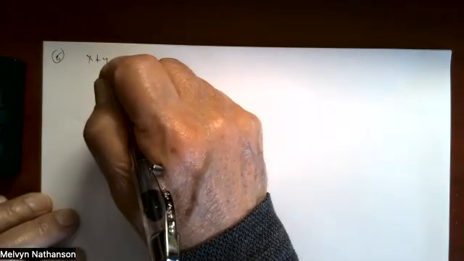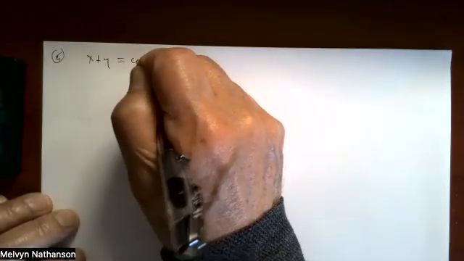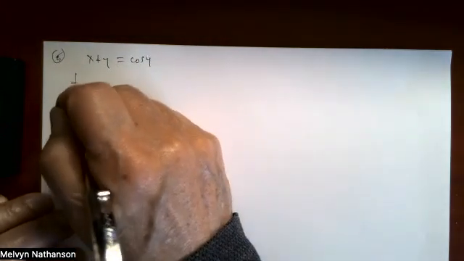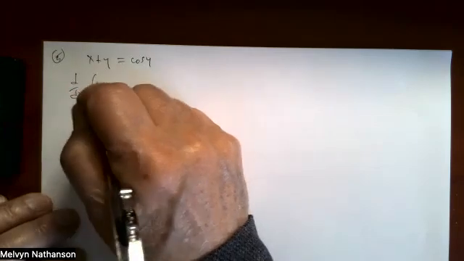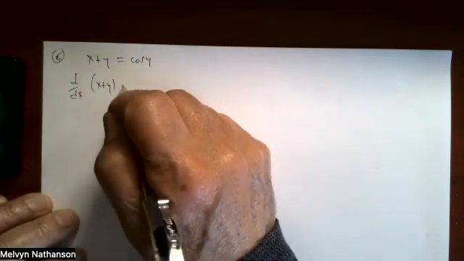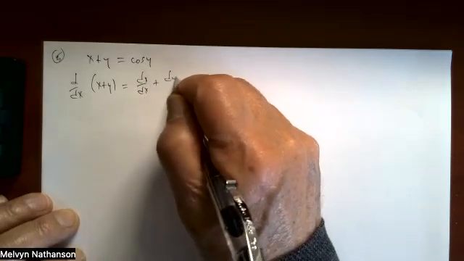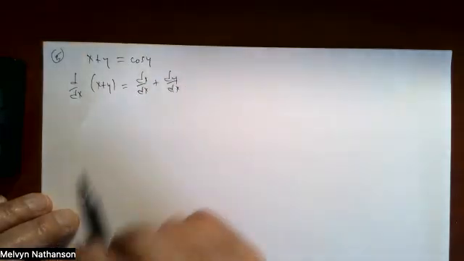Problem number 5 was to find dy dx for the curve x plus y equals cosine y. So we differentiate with respect to x. The derivative with respect to x of x plus y is the derivative of x with respect to x plus the derivative of y with respect to x.